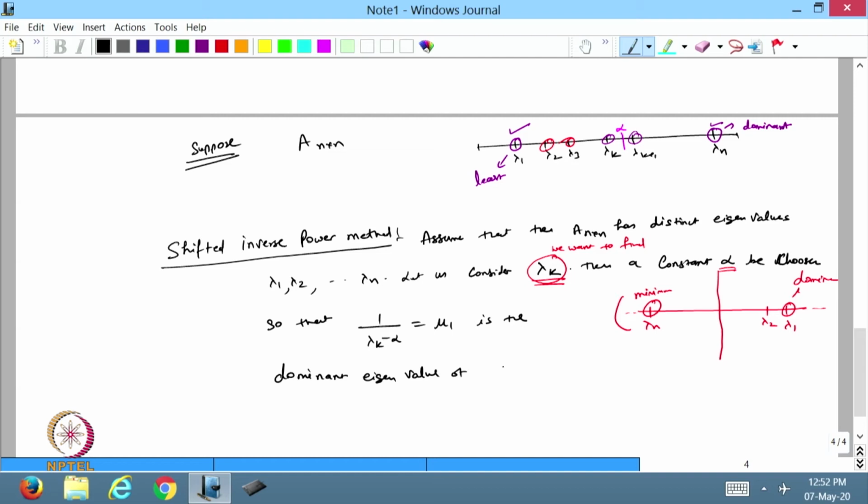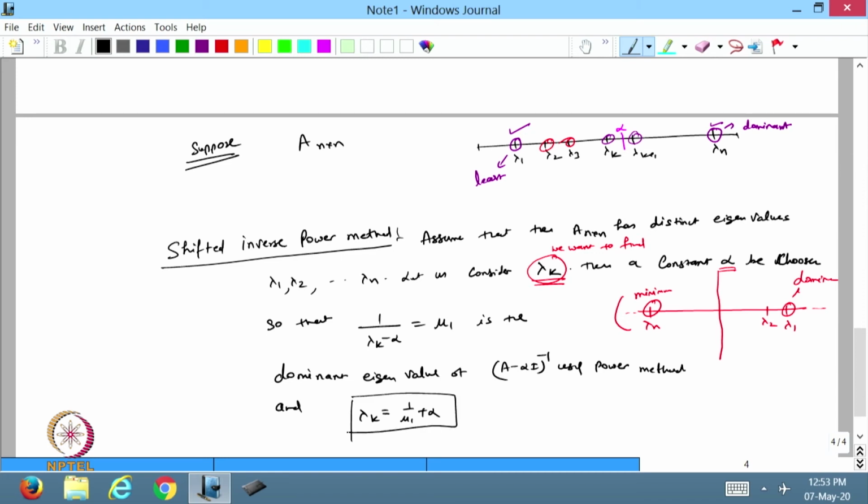of A minus alpha I inverse, using the power method. And then lambda k can be written as 1 over mu 1 plus alpha.